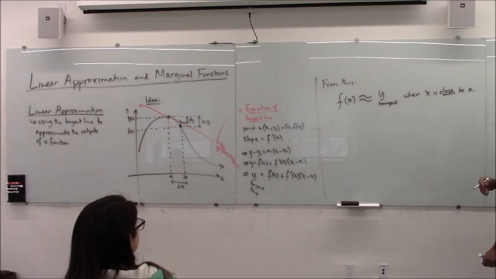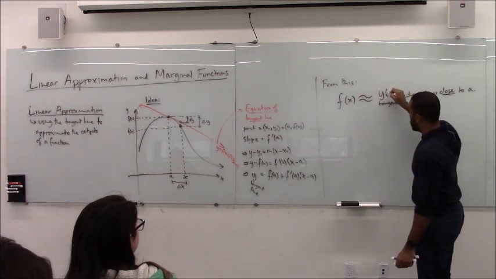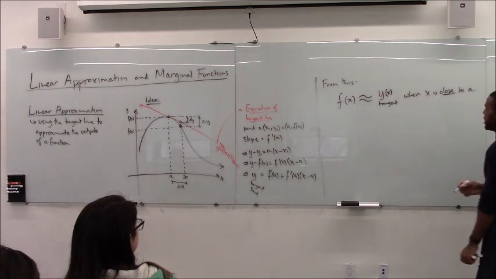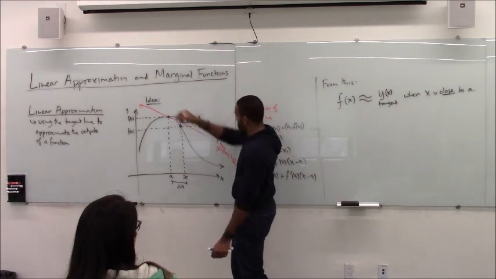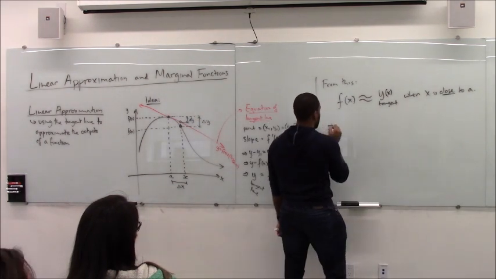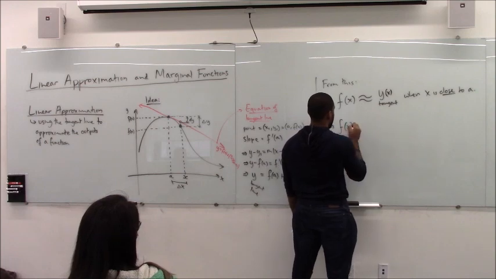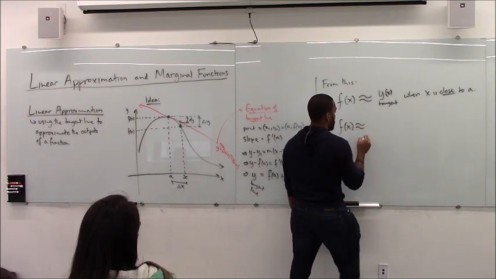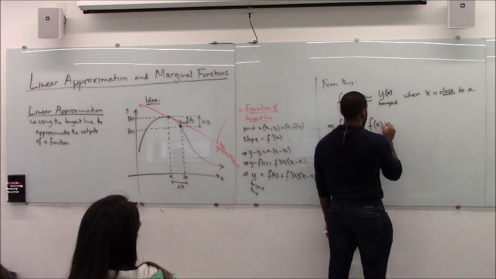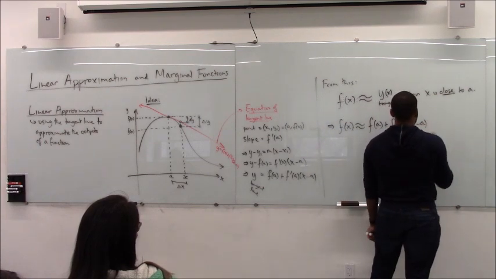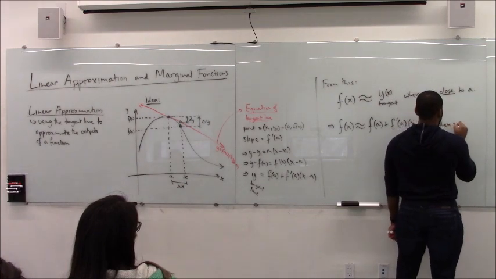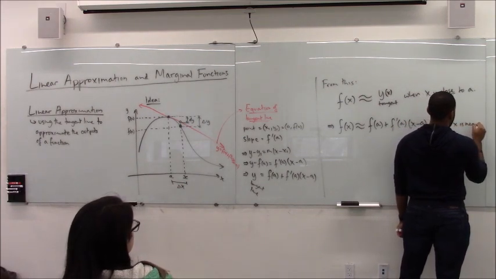So my original function is going to behave like the equation of the tangent line when my x gets close to this original reference point. In other words, f of x is approximately equal to f of a plus f prime of a times x minus a when x is near a.